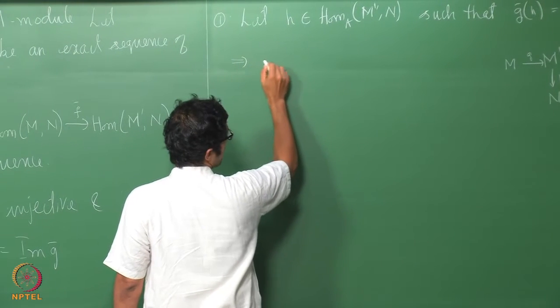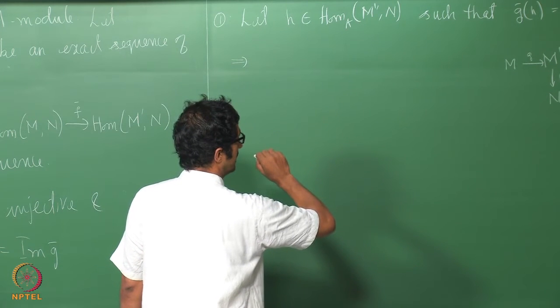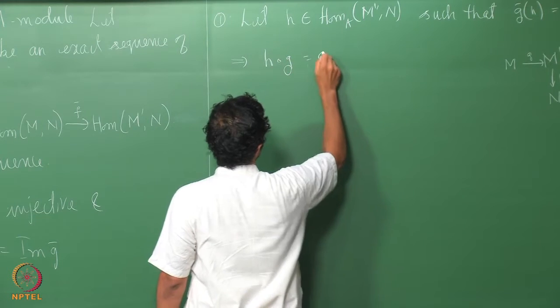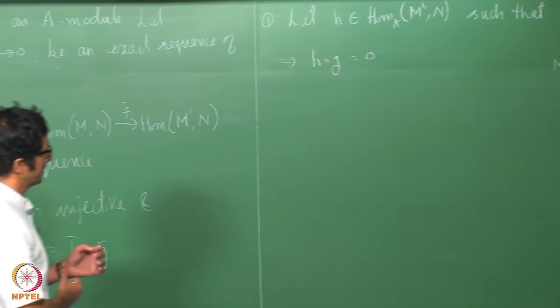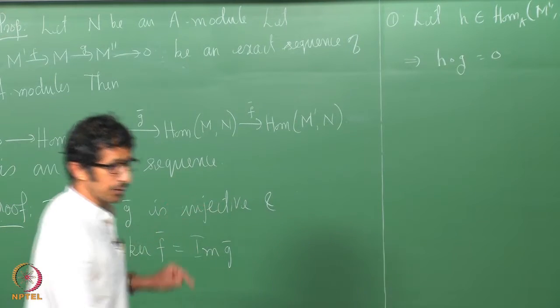That implies that h composite g is 0. We want to say that h is 0.